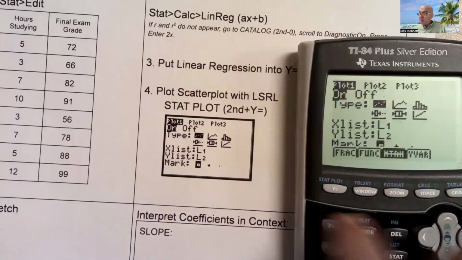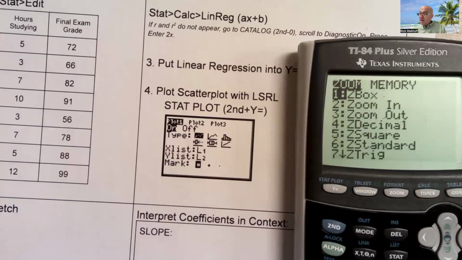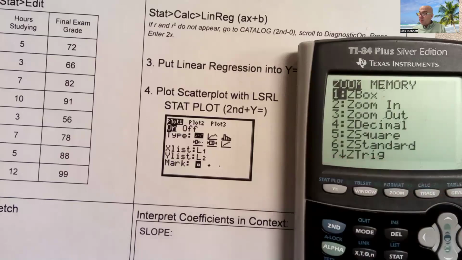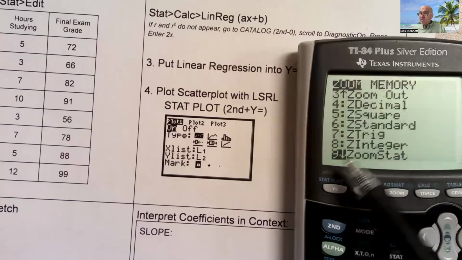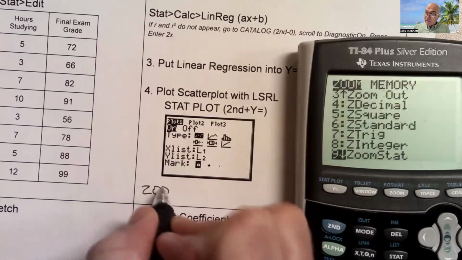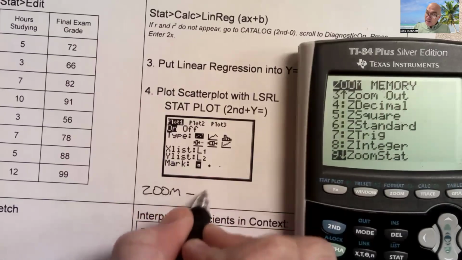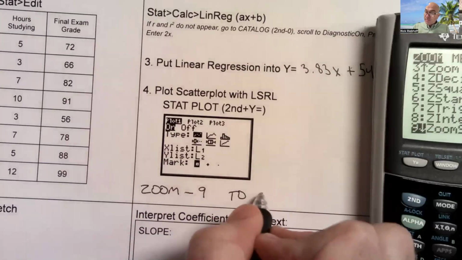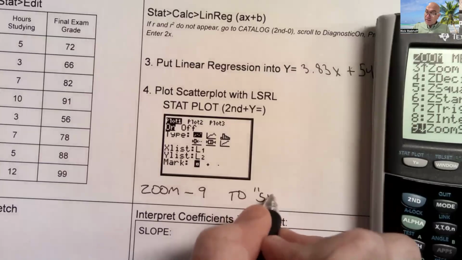Oops, sorry, we're going to quit out of there. We're going to hit zoom, and then notice that it's nine. If we go down, nine is zoom stat. So I'm going to write that here. I don't know why that's not in it. Zoom 9 to sketch, I guess, or plot.